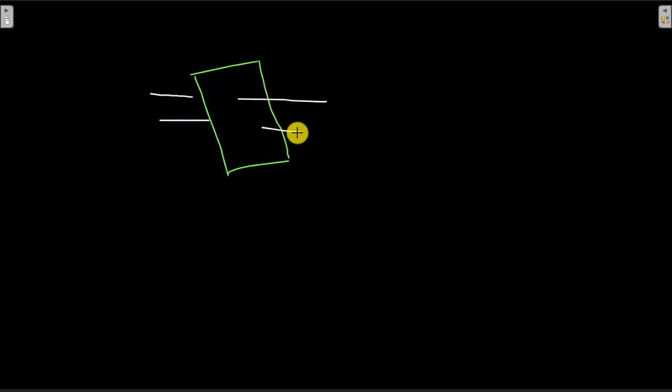So let's suppose we have a certain area that is aligned at an angle to the electric field. So that's our area. Then we have an electric field flowing through this area. Let's suppose the electric field is in this direction.